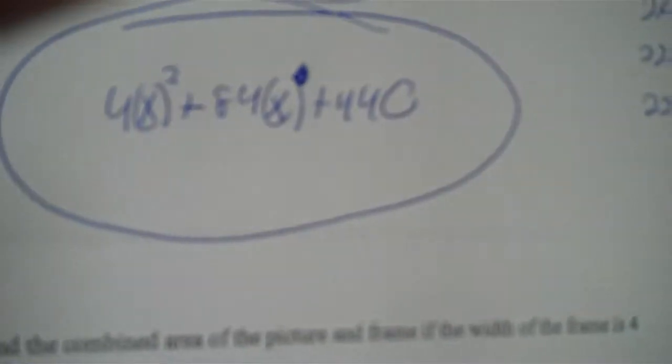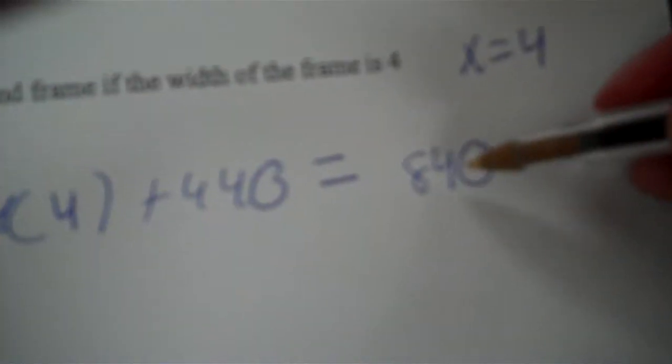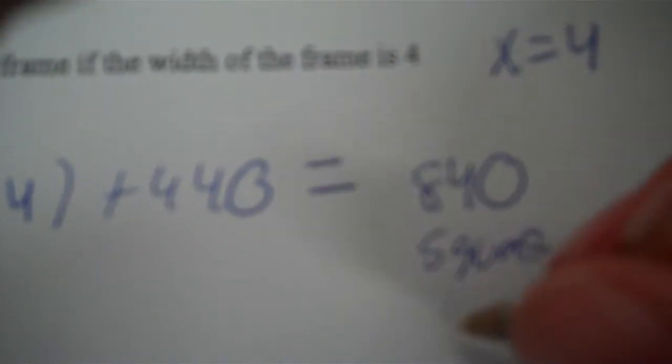So 4 parentheses 4, the exponent key is right here, second, plus 84 parentheses 4 plus 440. And that gives me 840. Now the label for area when you actually have a number is going to be square inches.